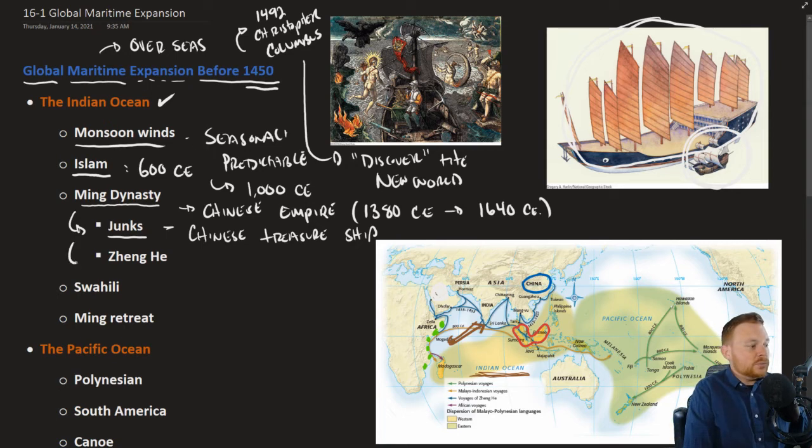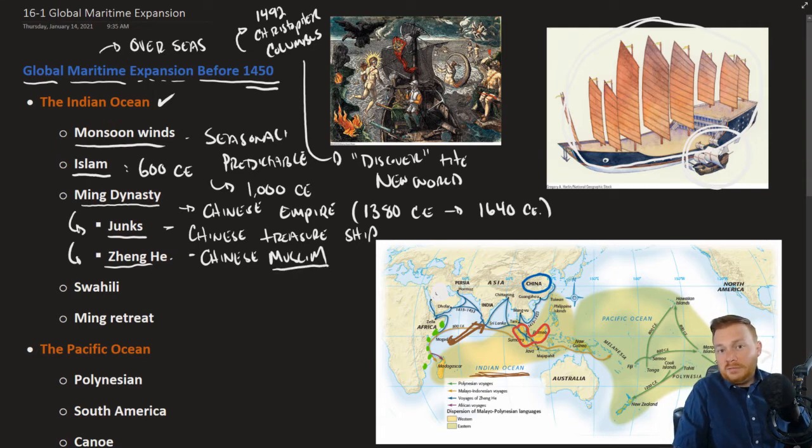The Ming Dynasty employed Zheng He, who was a Chinese Muslim. Again, it was important that he was a Muslim because there had already been established Islamic trading networks here for a very, very long time. So being familiar with the culture, familiar with the religious practice, that could definitely benefit China. So that was part of the reasons why Zheng He was chosen, because there was a common cultural background there.